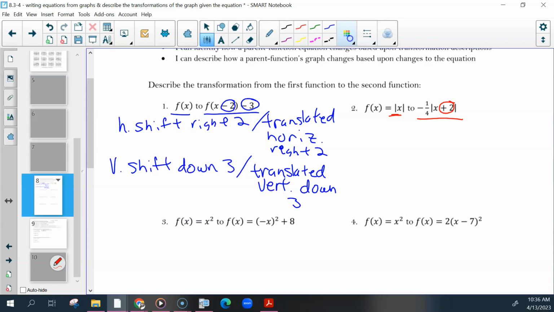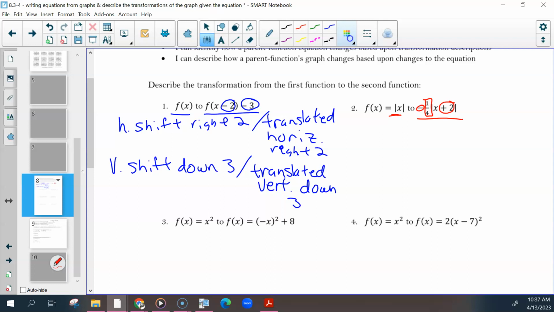What else? Something else that this new one has that the first one did not. Negative. The negative and the 1/4 are really two separate things, so I'm going to circle them to show that they're two separate things. That means we're going to have 3 transformations, so I'll write out 3 different transformations.